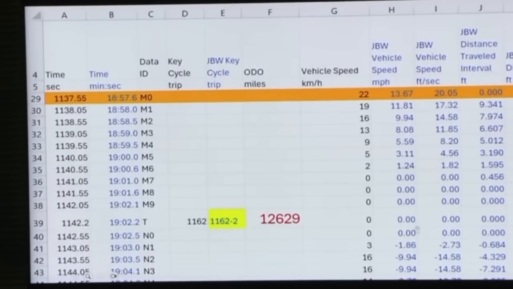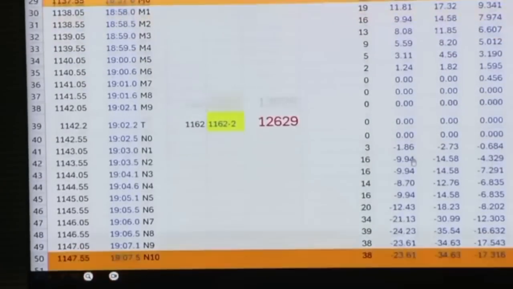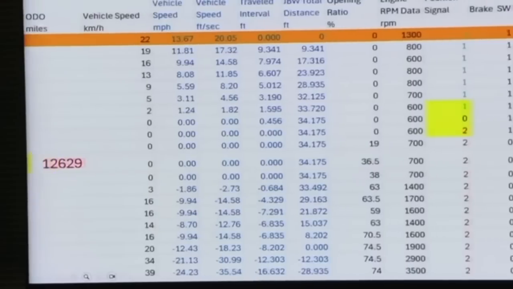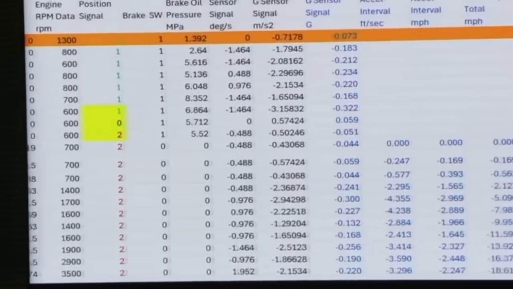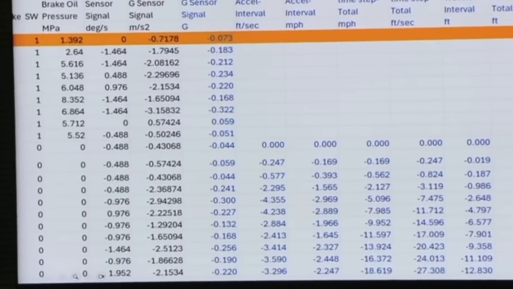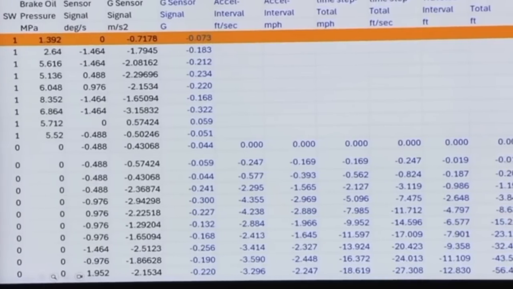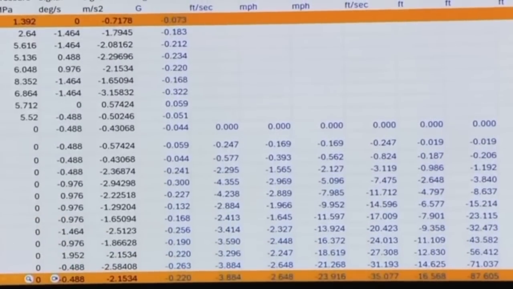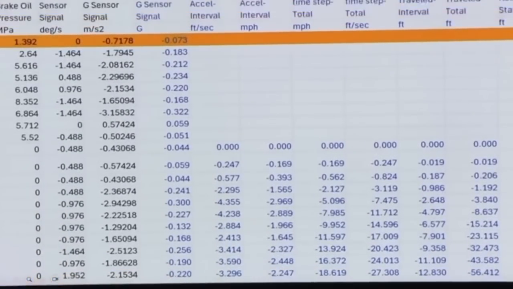This is the mileage. These are the speeds over here. And this is some information on how far it traveled. Again, we have the plus minus on the steering. That gives us some information on the steering. Really, there's very little steering going on at this point.